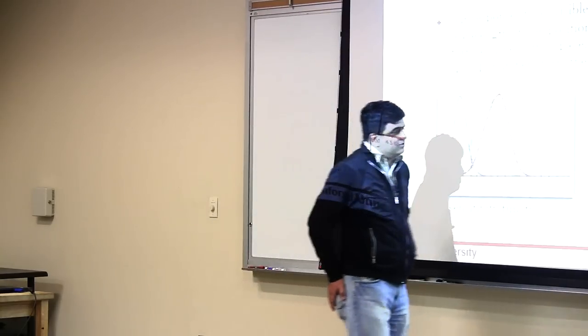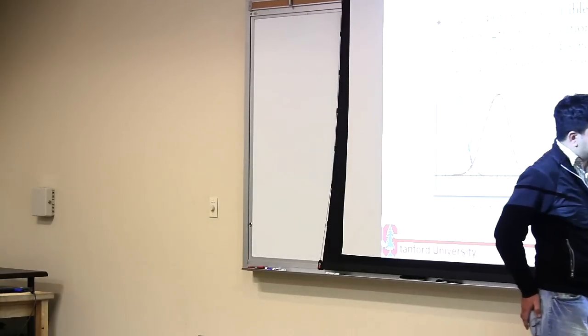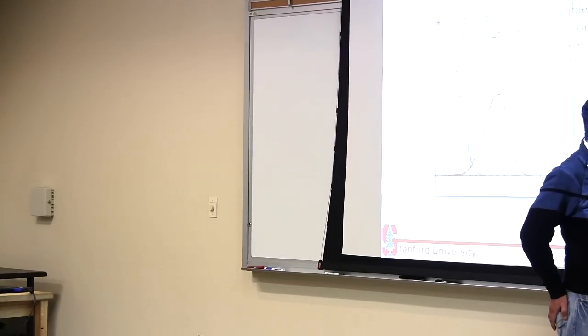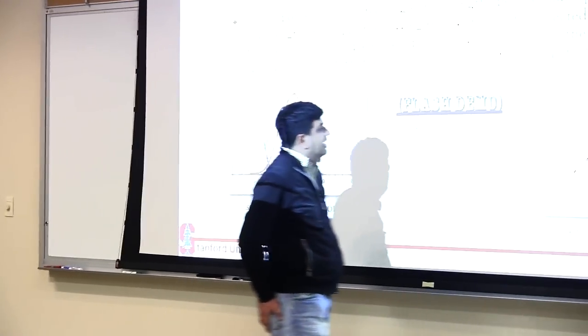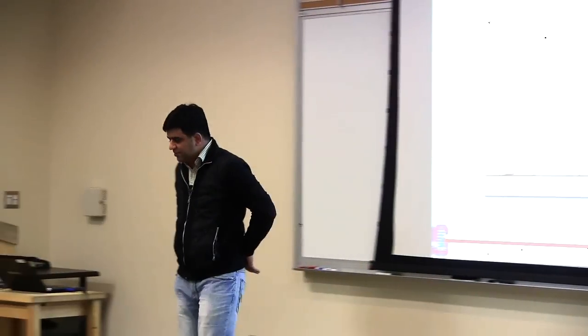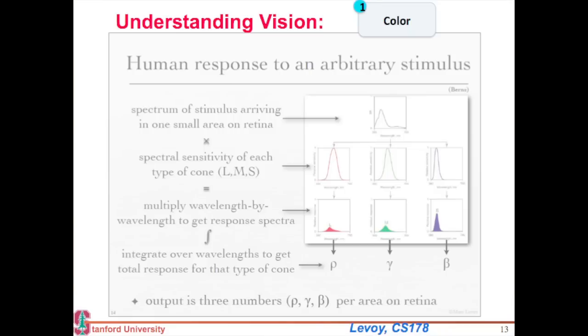Essentially, if you look at the spectral response of your eye to different colors, it would form a locus like this. So to give some more color on that, if you have any particular spectrum hitting the pupil of your eye, you have these three different cones: a blue cone, a green cone, and a red cone.